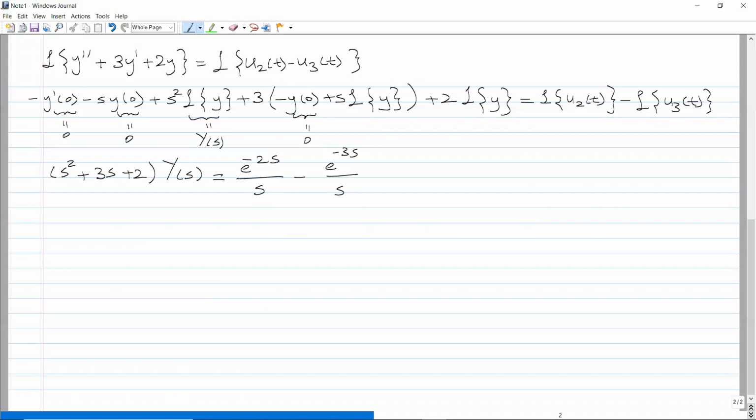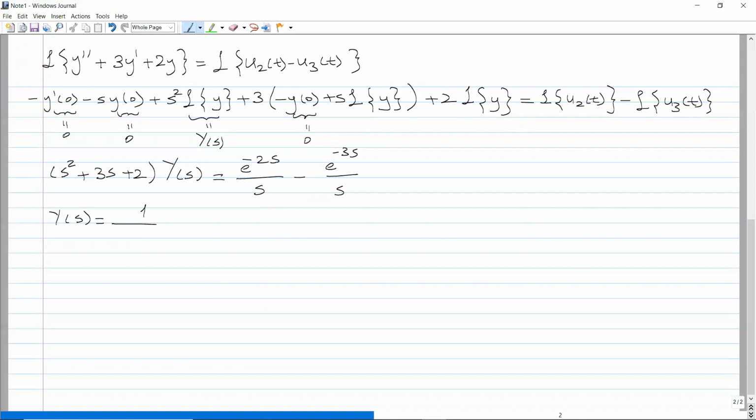So to find capital Y of s, we need to divide by s squared plus 3s plus 2. On the right side, we have two fractions, but the denominator is the same, so I'm going to write it this way.